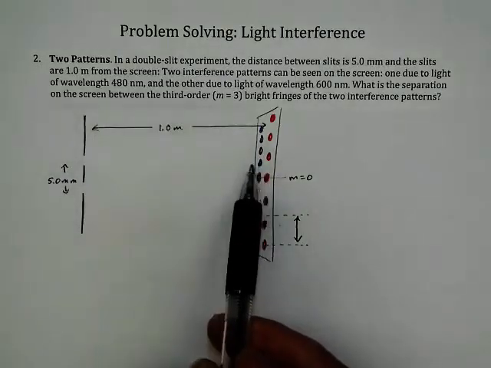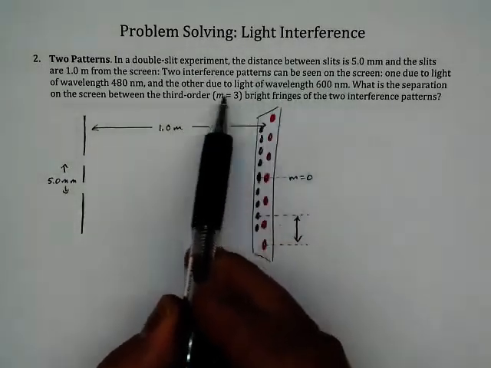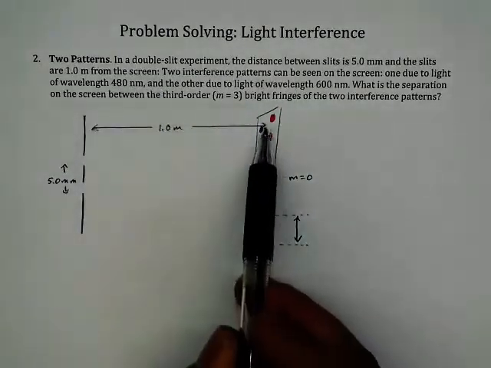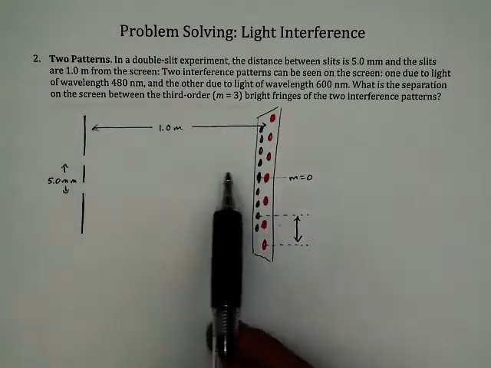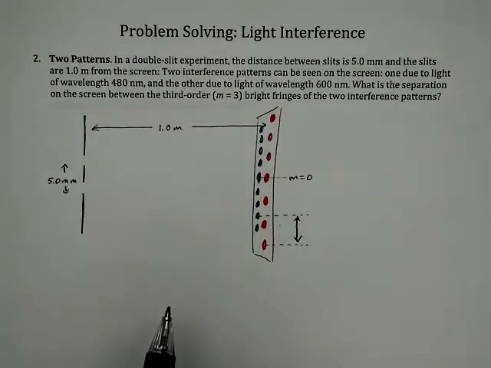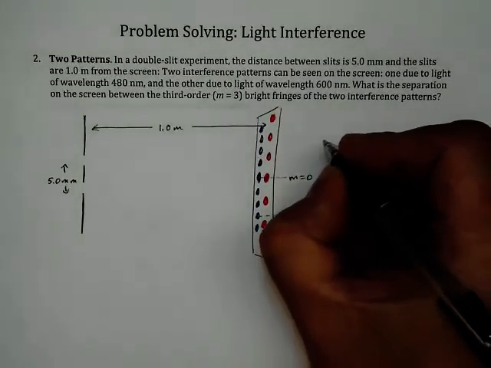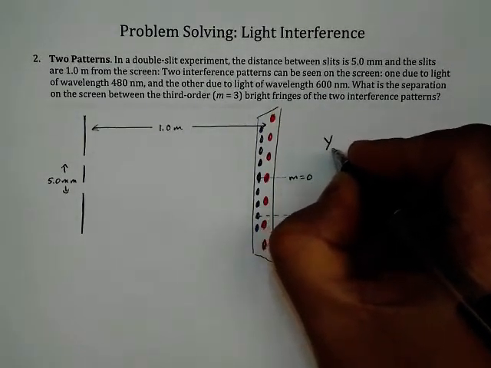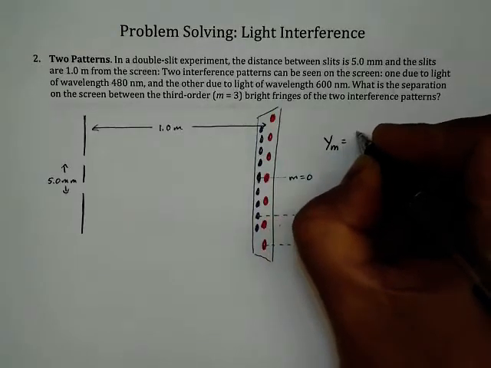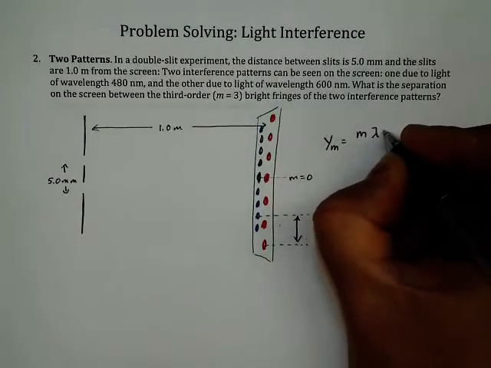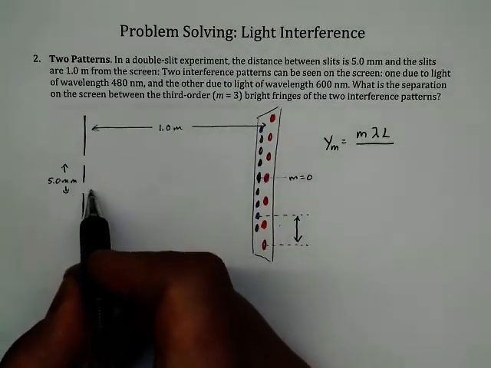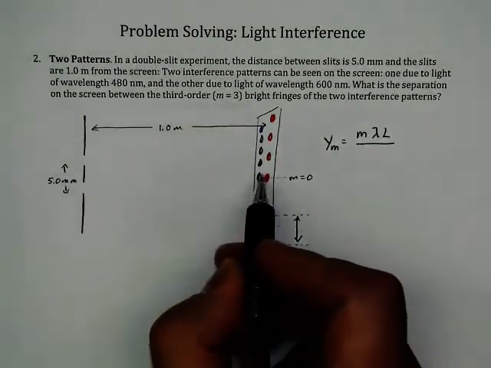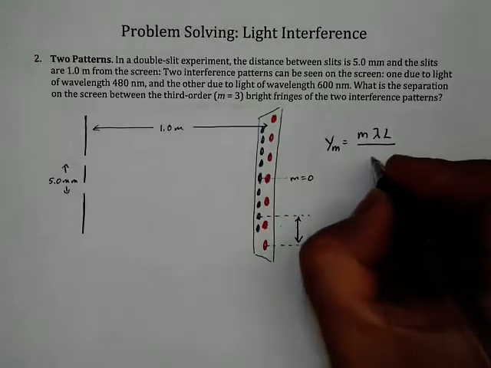Well, given that the screen is a meter away and knowing what I know about light of these kinds of wavelengths, this spacing is going to be extremely small relative to the meter, which means all the angles that we're dealing with here are pretty small, which means we can go ahead and use the equation that combines the geometry based on looking at the path separation and also the slit separation from the screen.